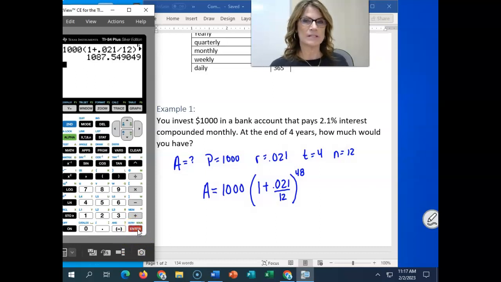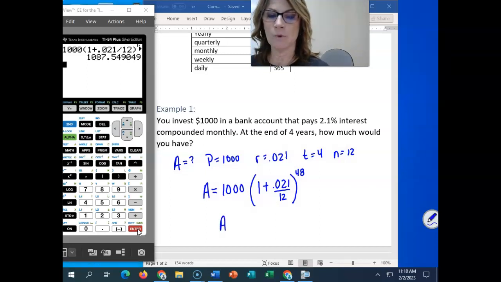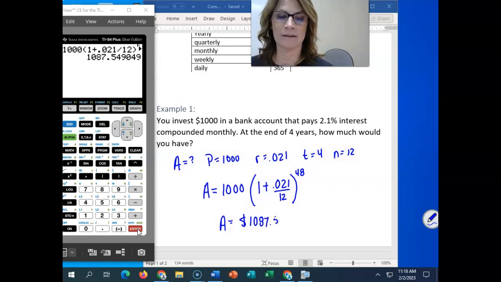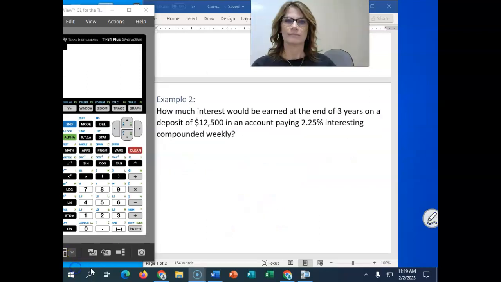Okay, so since this is money, you don't want to have a whole bunch of decimal places. What we can do is just round it off to the nearest penny. So $1,080.549, we'll call that 55 cents.